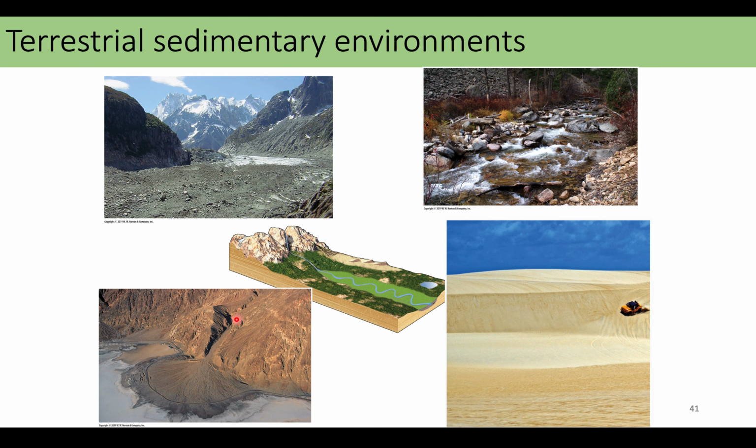This is what we call an alluvial fan. So this is where every time it rains or there's snow melt from the top of these mountains here, these rivers are going to form. So all of the sediment, all of the weathering that happens from that river is going to flow down the side of the mountain. It's going to hit the base of the mountain, and then when it hits the base of the mountain, the water is going to slow down because it's no longer flowing downhill.